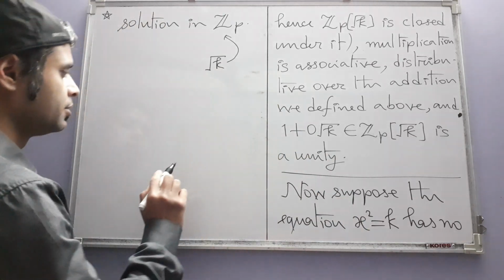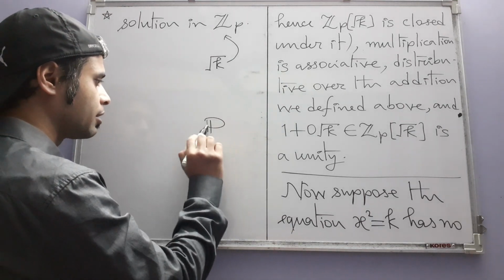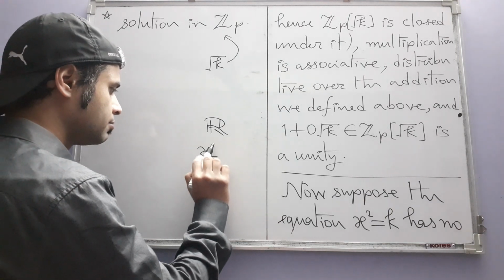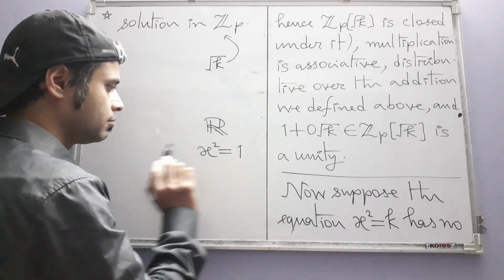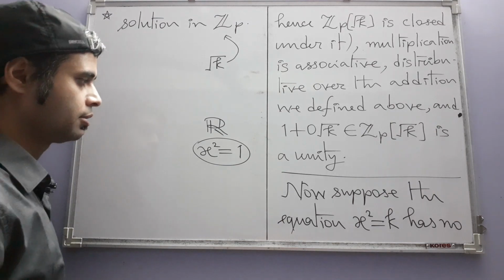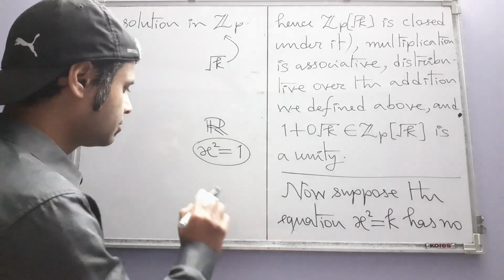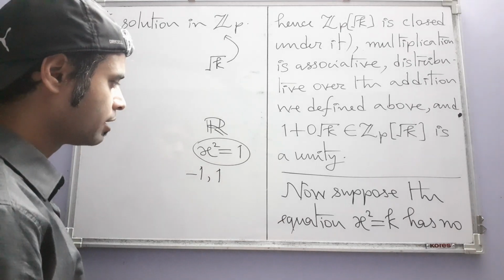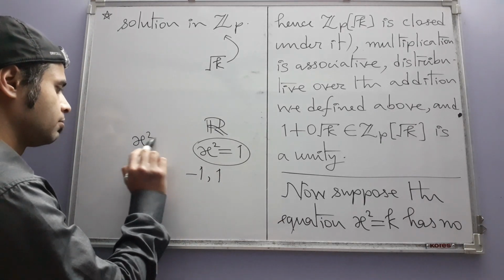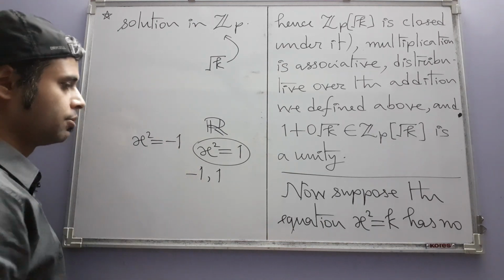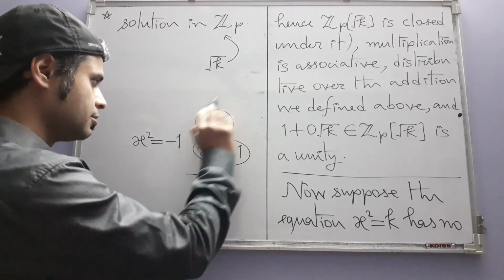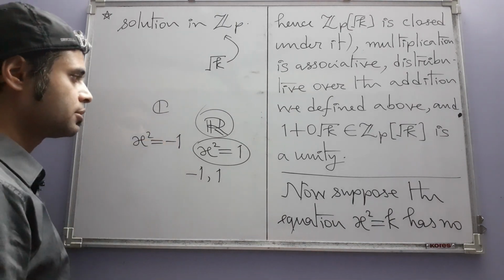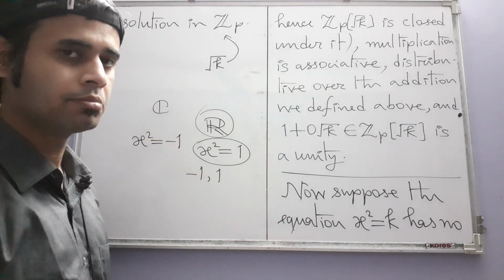For example, in the system of real numbers, we have solutions to this equation. Two solutions are there and you already know that they are -1 and 1, whereas this equation has no solution in this system but has two distinct solutions in the system of complex numbers.